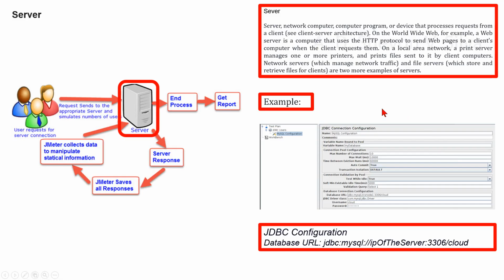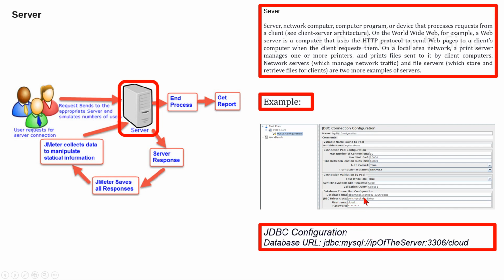As an example, we can consider here a JDBC configuration, and you can see here the database URL: jdbc:mysql://.